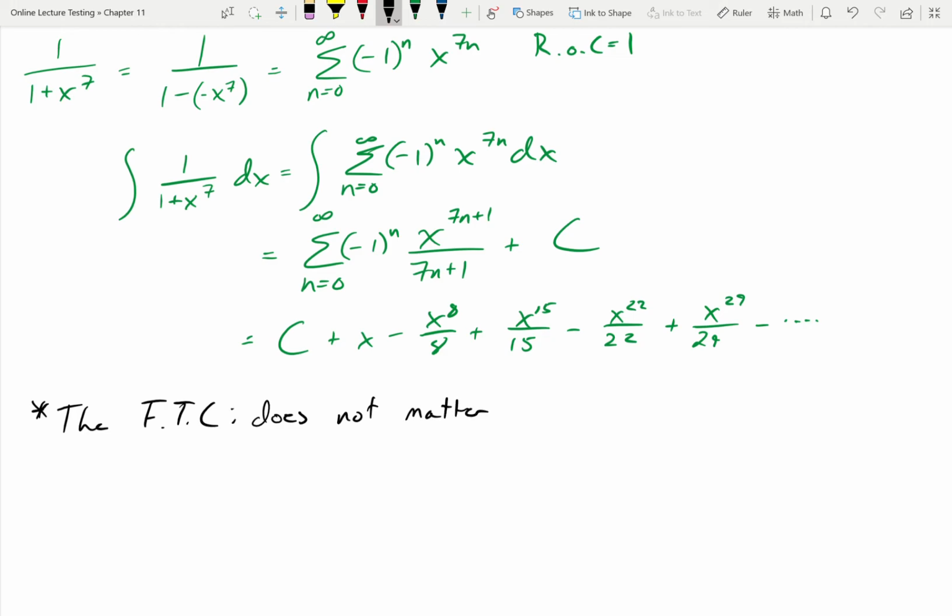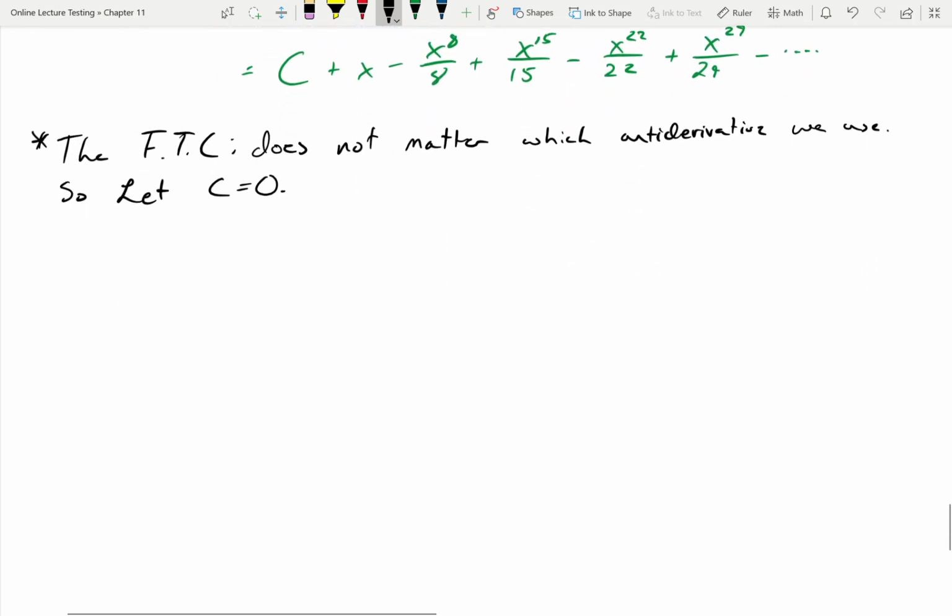According to the FTC, it does not matter which antiderivative we use. So we're going to let c equal 0, because those constants of integration would cancel each other out in the evaluation part. So c is not needed in this case. There are some nice things with that.